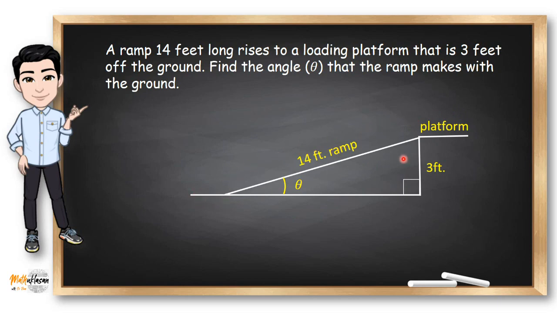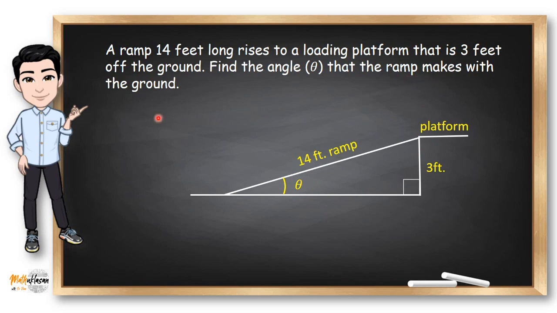By using this ramp. We can see here that this platform or this ramp is rising. Okay? So, ibig sabihin, mula dito sa ground, nag-rise siya papunta dun sa platform which is 3 feet off the ground. Now, siguro malilito kayo dito sa angle kung saan ipopwesto kasi hindi nyo alam kung dito sa taas o dito sa baba. Tignan nyo tong given.